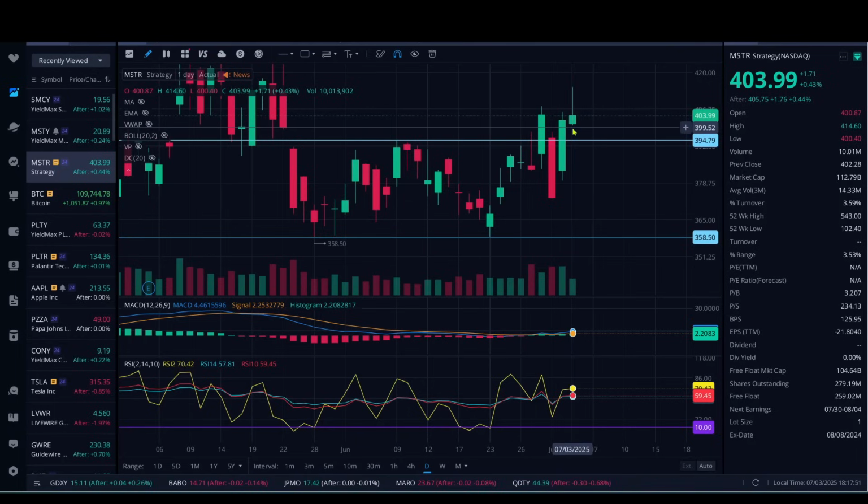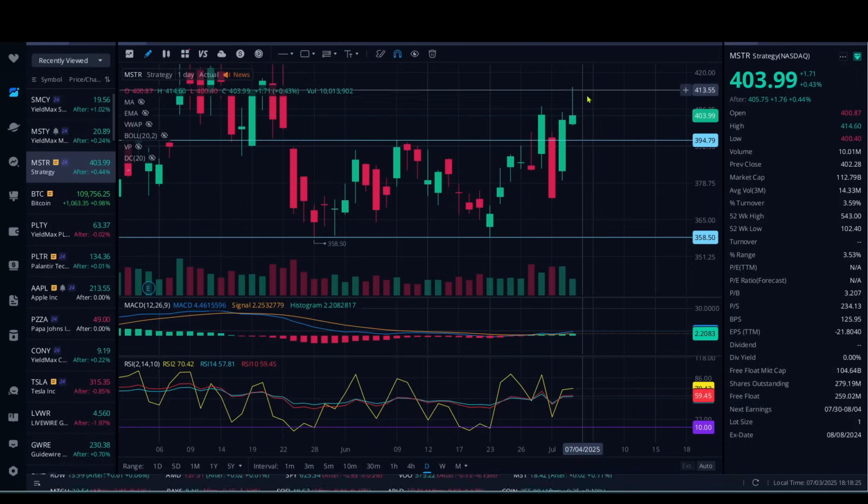Now, as you can see, it did open at $400.87, went as high as $414.60. Nice. It went as low as 400.40 before closing at 403.99 for today. So it did have that long wick on the top, but it was pushed right back down.